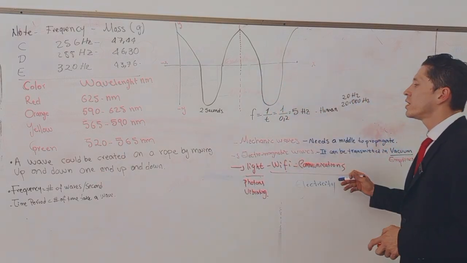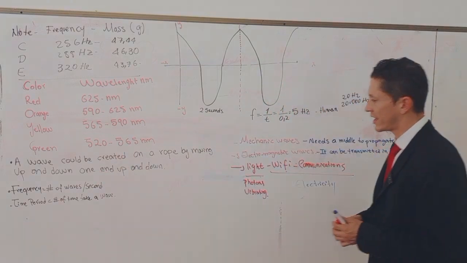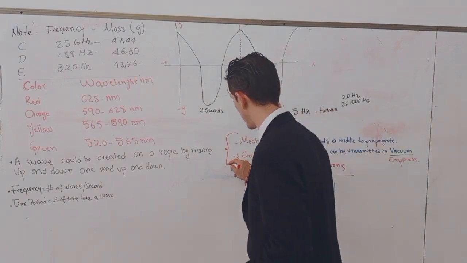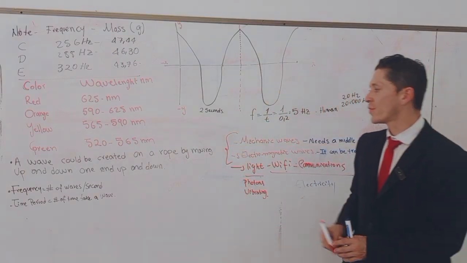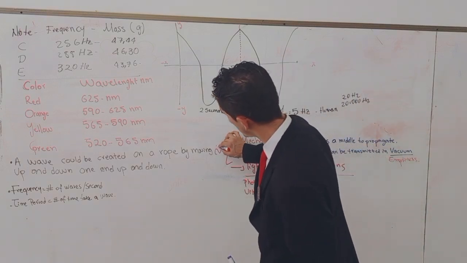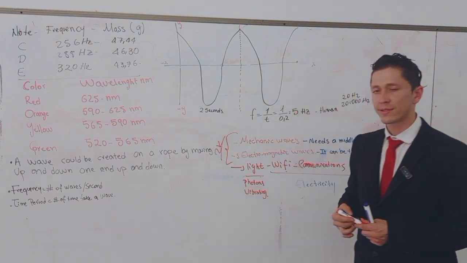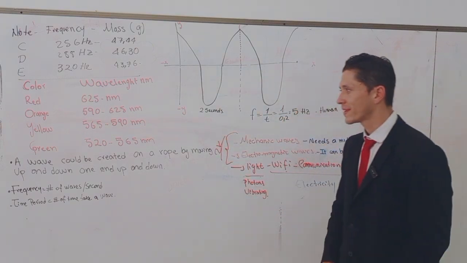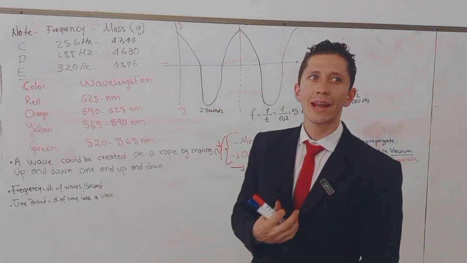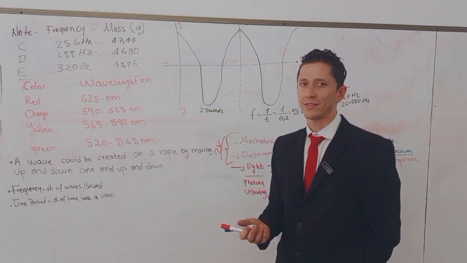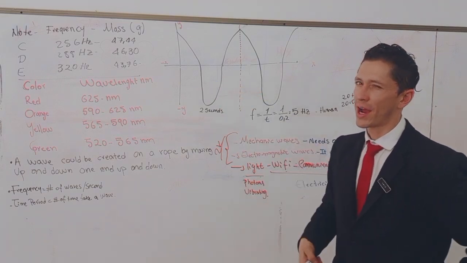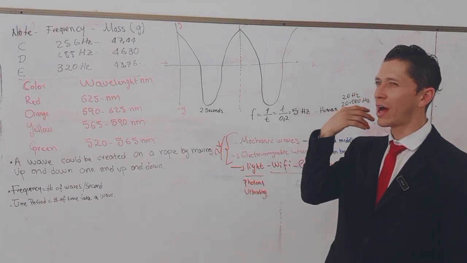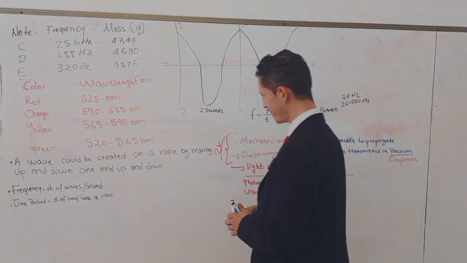So now that we have understood that we have two kinds of waves so far, let's define it graphically in our plot. This is a wave, and we need to know a lot of things about a wave.